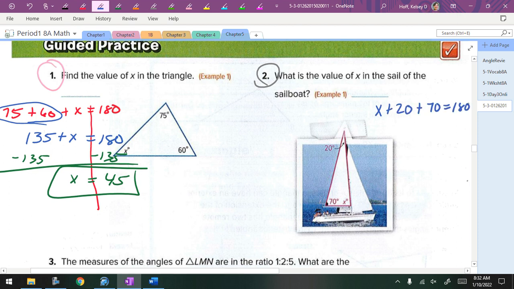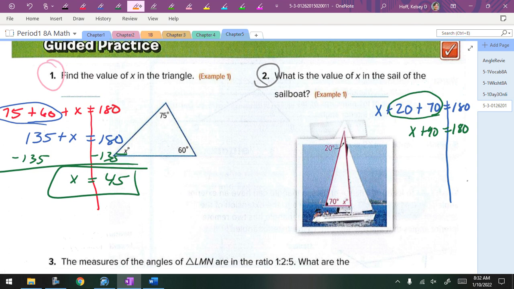Nicely done. I love it. Liana, what would be your next step in this? And what do you get? Very good. And Tone, what's your last step then? Very good. Subtract 90 to the other side. So x ends up being 90 degrees.